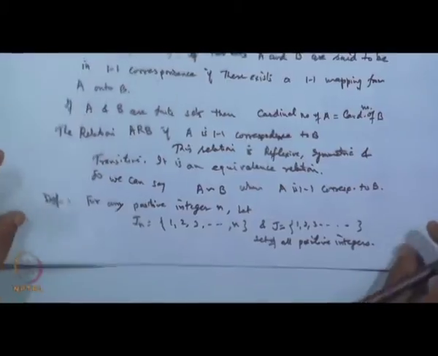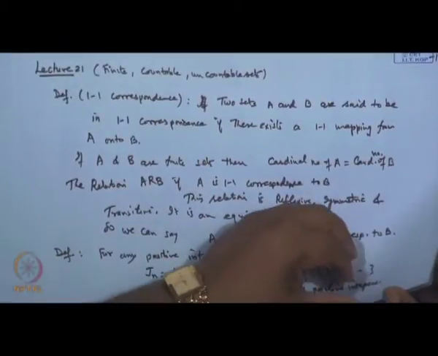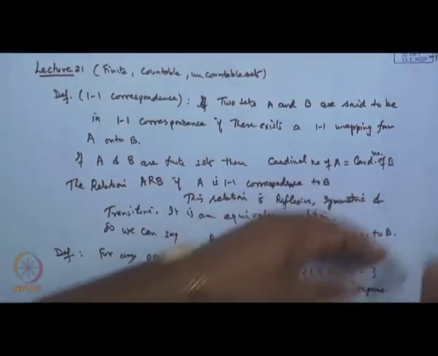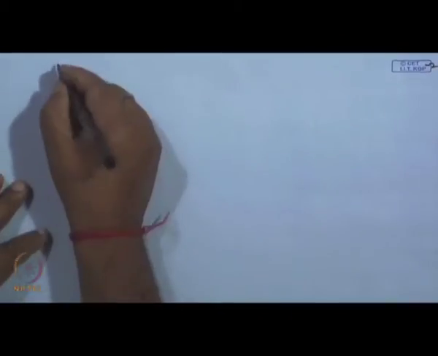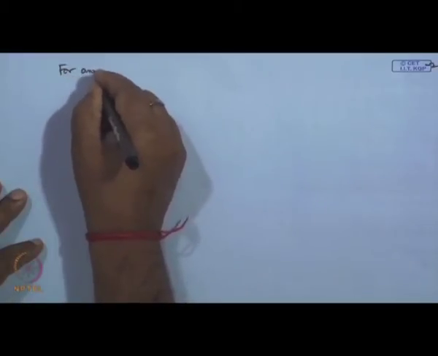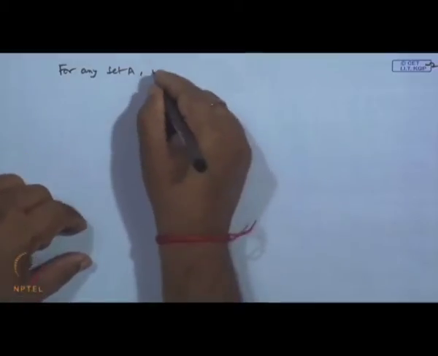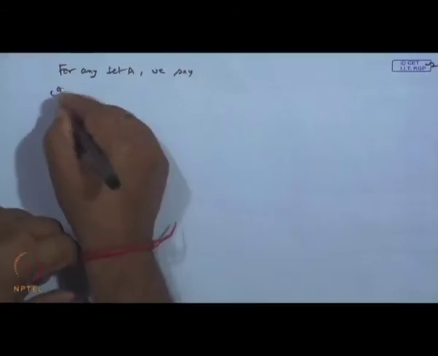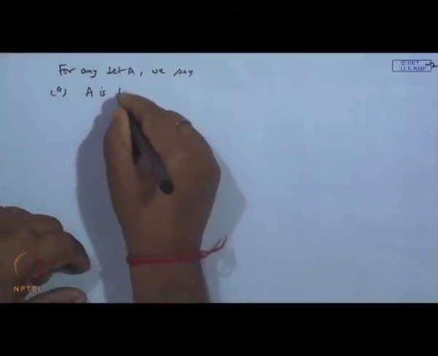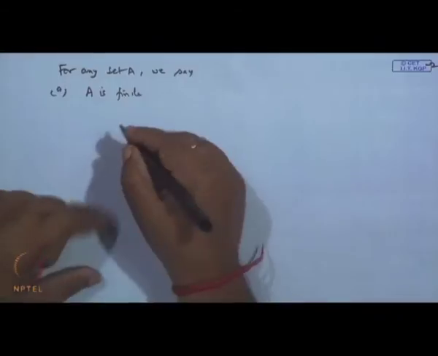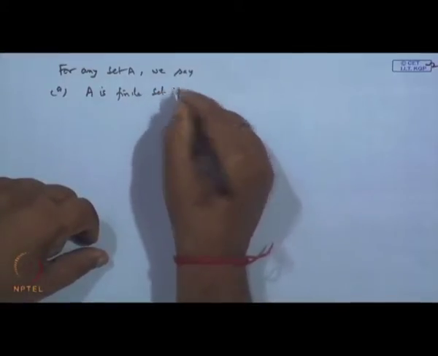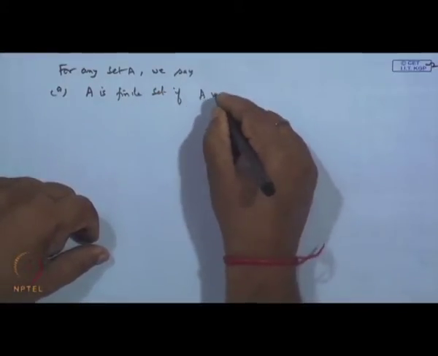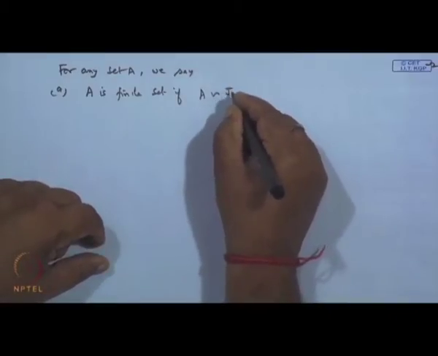Then for any set A, we say A is a finite set if A is equivalent to J_n for some n.